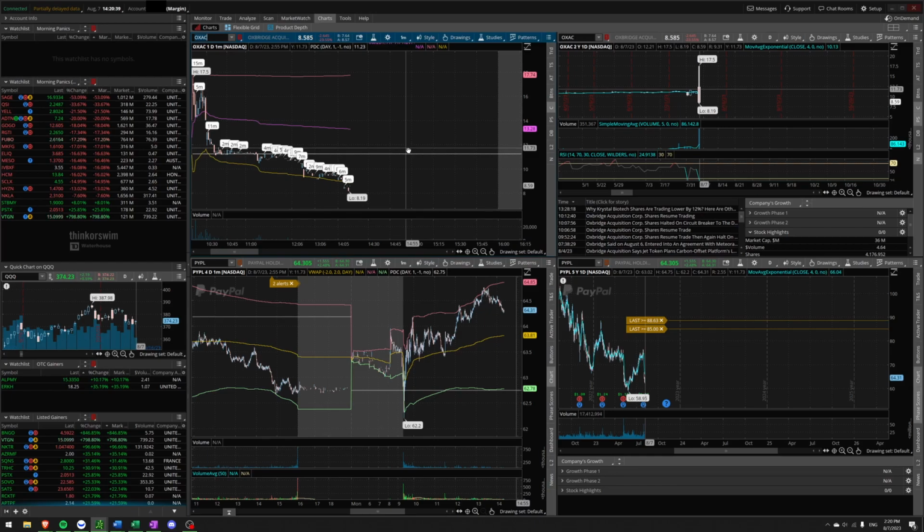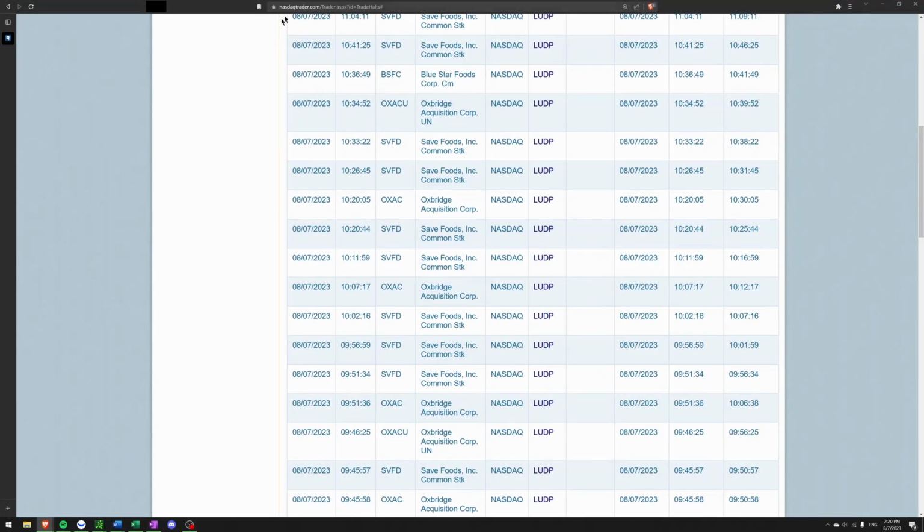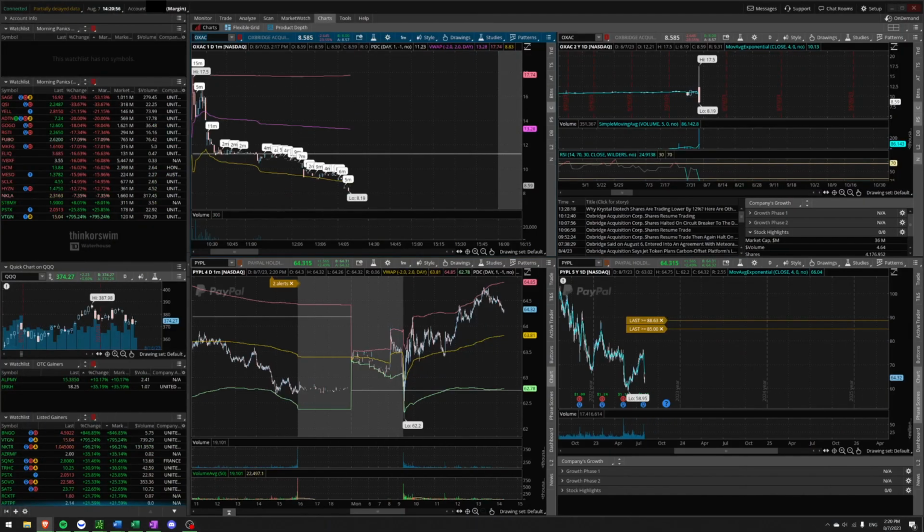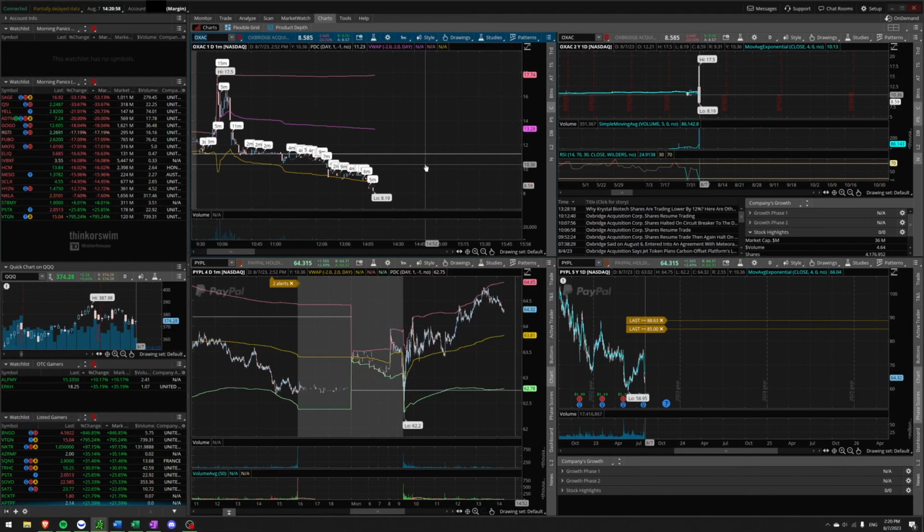I also have this RSS app that every time there is a halt, it just pops up on my screen like a notification, so I'm able to access it quicker because I don't want to be staring at this halt website all day to find the updates. So I have a nifty little thing.